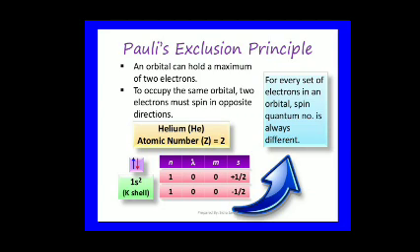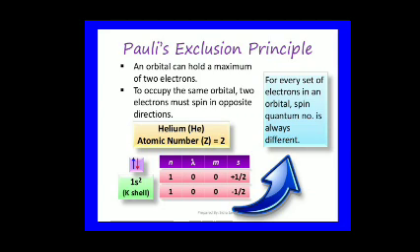N, L, M, S values. For the first electron, N value is 1, L is 0, M is 0, spin quantum number is plus 1 by 2. For the second electron, the 4 quantum number values: N value is 1, L value 0, M 0, S value is minus 1 by 2.